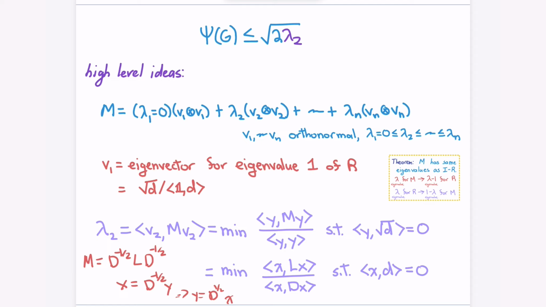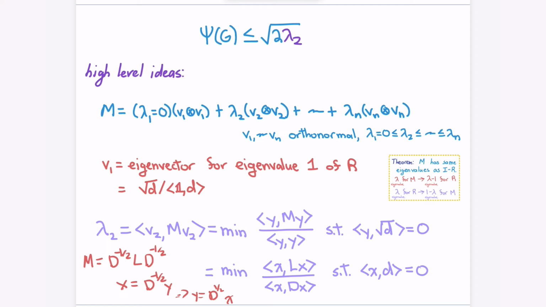Now, the reason why this starts to become interesting is that you can think about x as the indicator vector for a set S. So let's say I have a set S with volume less than half, so a smaller set. I'll put a 1 for all those vertices and 0 everywhere else. So this will compute the weight of the cut of S. Remember, because x L x is going to do endpoint minus endpoint squared for all the edges.